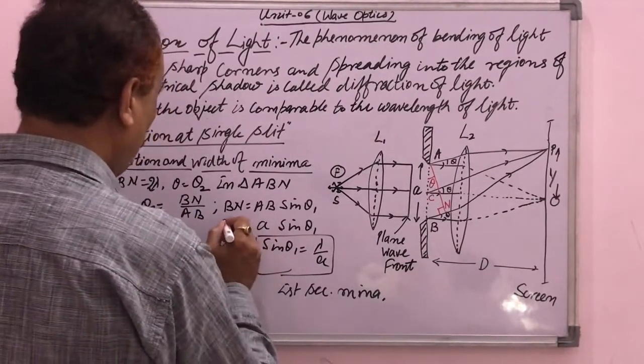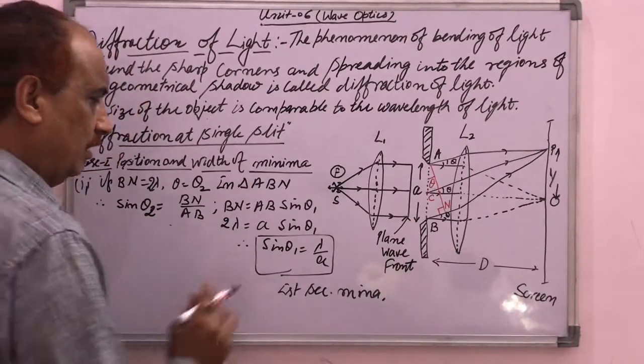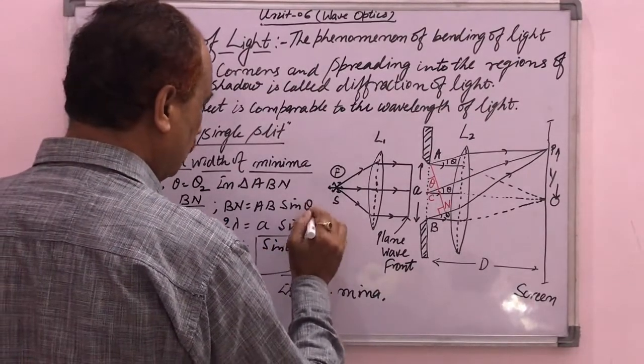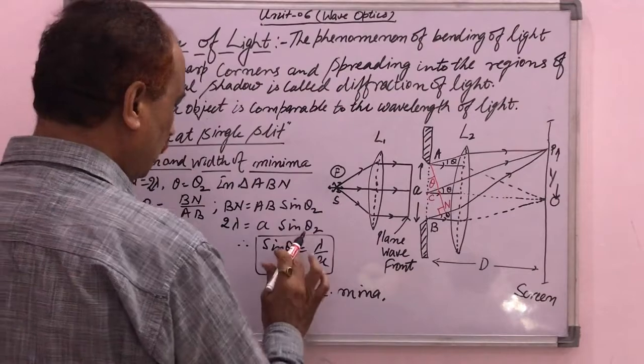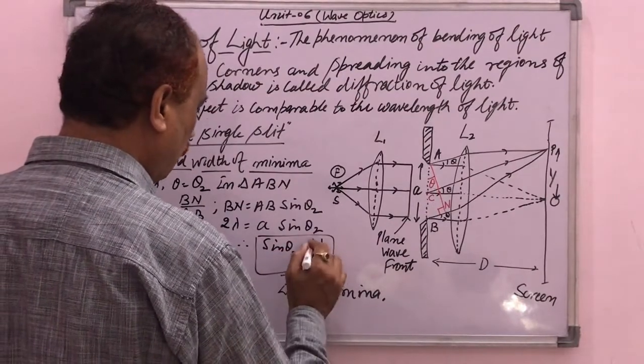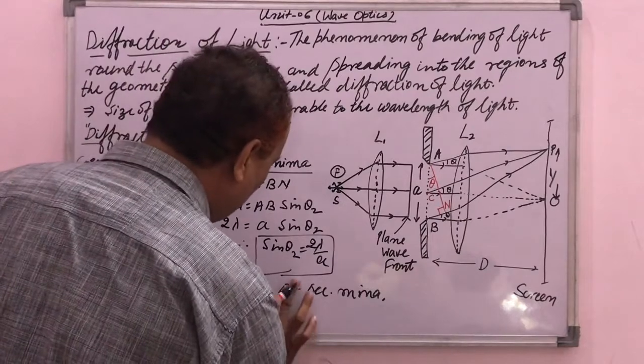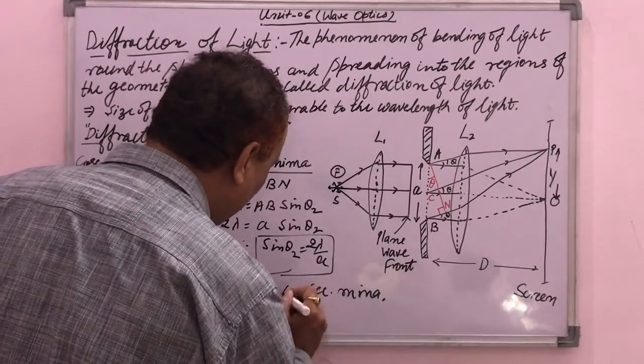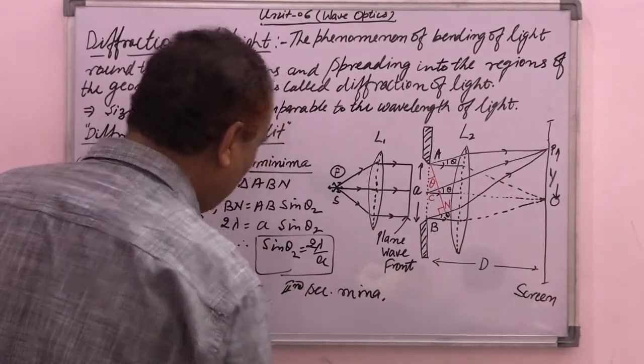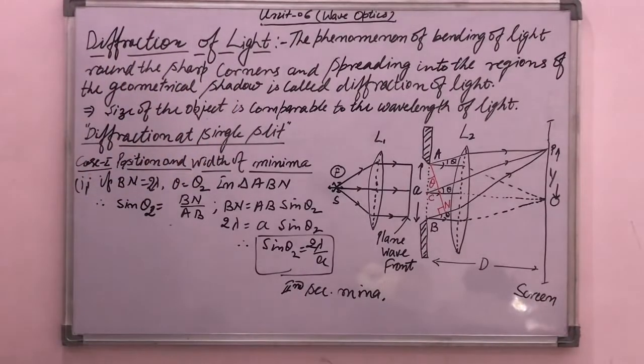So twice lambda equals A sine theta 2, therefore sine theta 2 will be equal to 2 lambda upon A, and this is the condition of the second secondary minima.